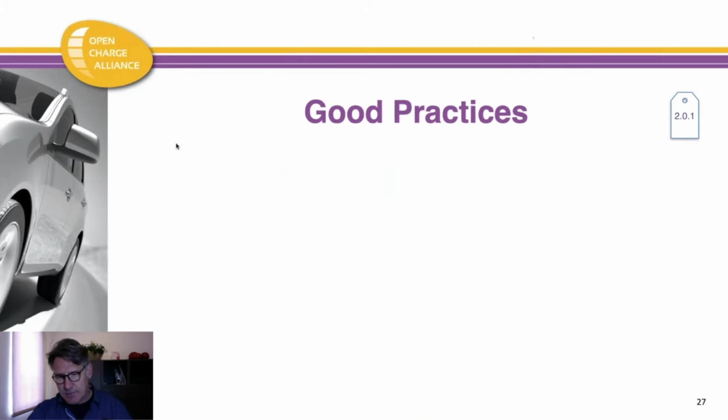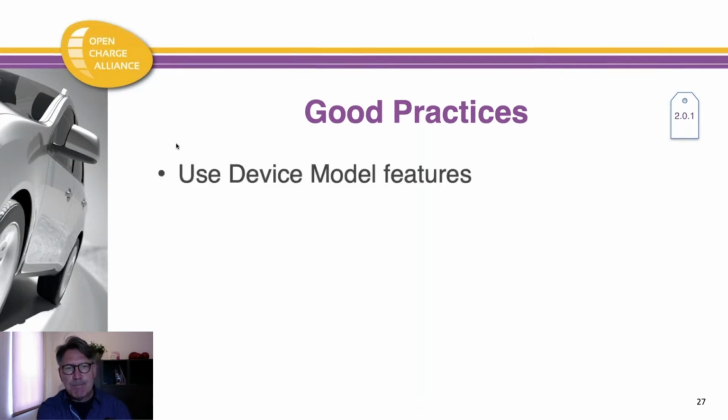Now, again, for 2.0.1, we also have a number of good practices. I'll go through them. First of all, we advise to always try to solve your customization request that you have for your feature with the device model capabilities, because you can do a lot with that without having to resort to custom data.